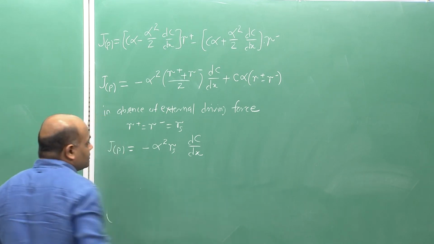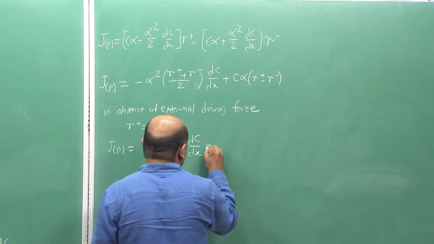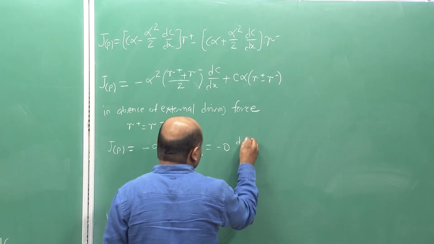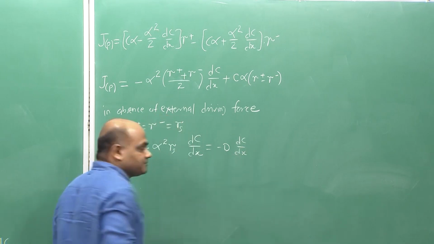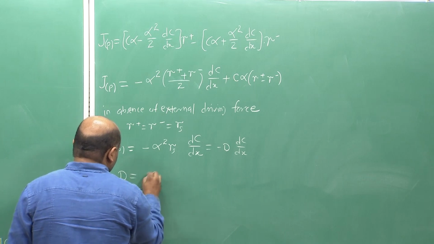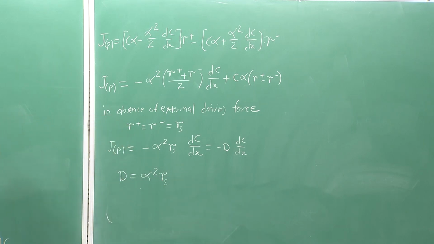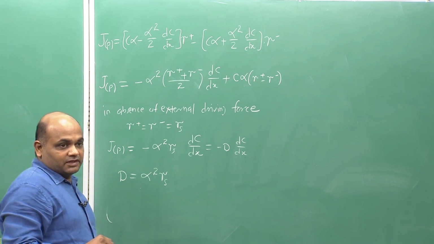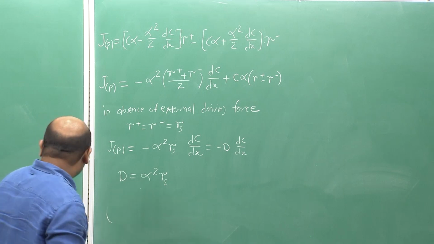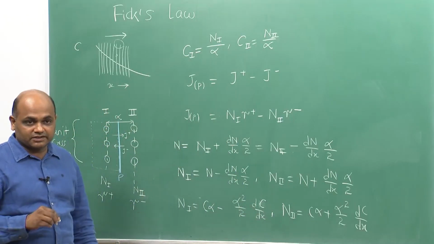So, we get a familiar expression which is similar to the Fick's law expression, right, minus D dC by dx, if we use D is equal to alpha square gamma s. Now, gamma s is the frequency of jumps in this particular direction, plus x direction.